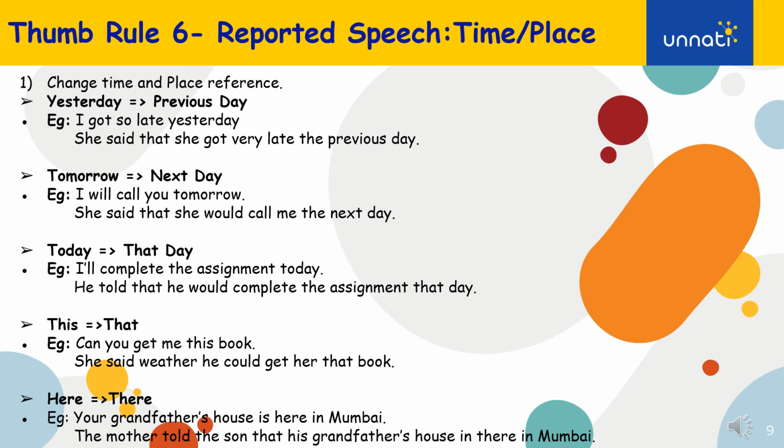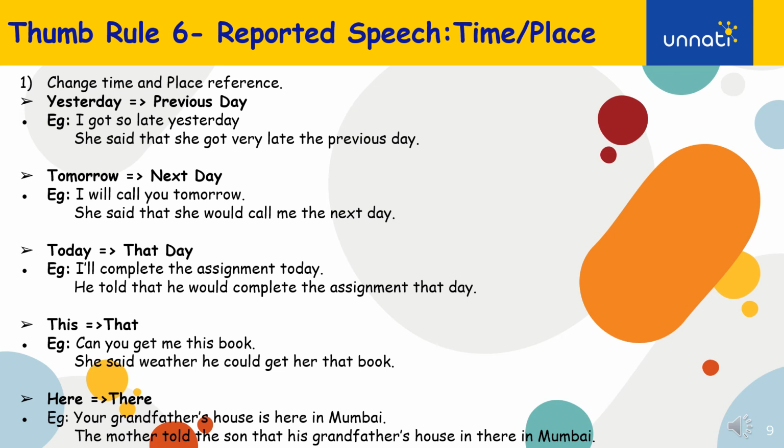I got so late yesterday, direct speech. She said that she got very late the previous day, in reported speech. Yesterday becomes previous day. I will call you tomorrow, direct speech. She said that she would call me the next day. So tomorrow referred to as next day.